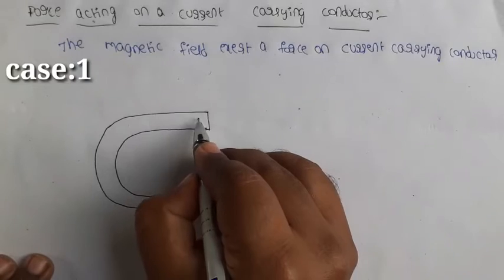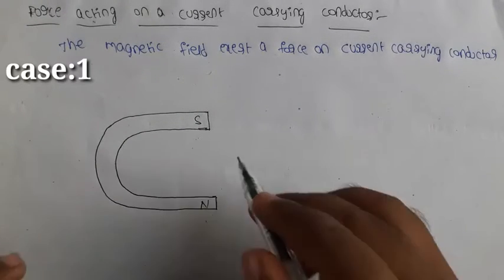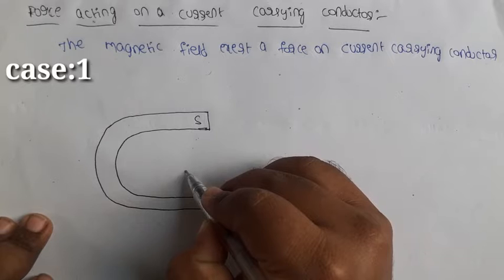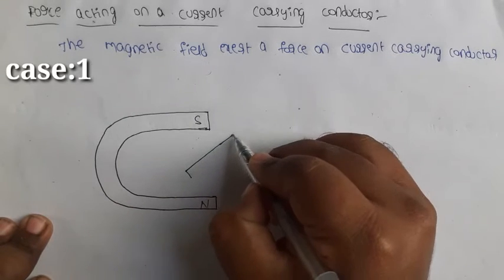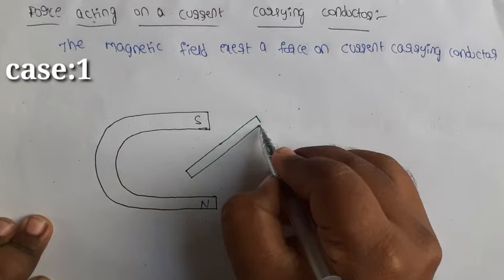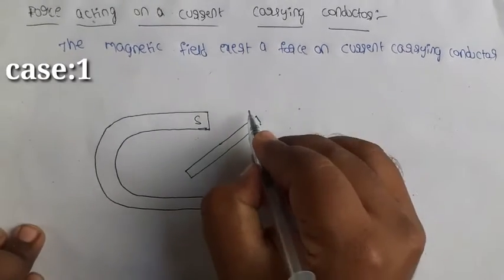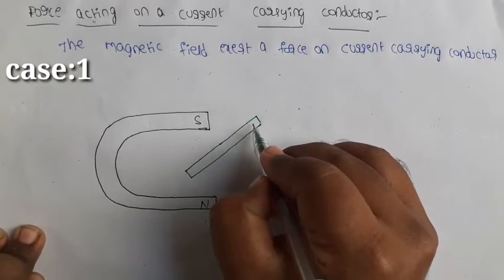This is the south pole. This is the north pole. I am taking a conductor, a rod suspended in the horseshoe magnet.